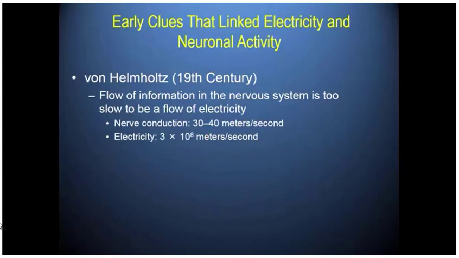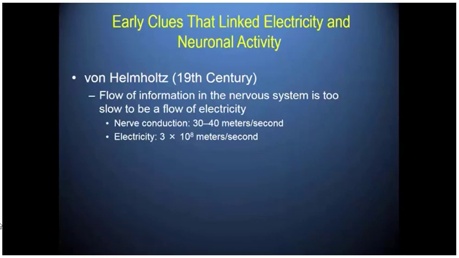Then you have people coming in who say, if it's electricity, it needs to move at a certain speed. Obviously, nerve conduction does not move at the rate at which electricity actually flows, which is why a lightning bolt kills us if we have too much stimulation.